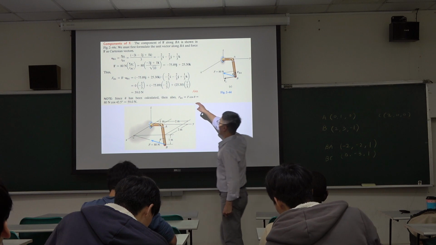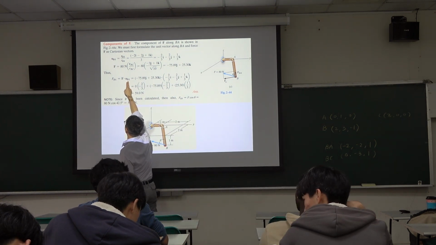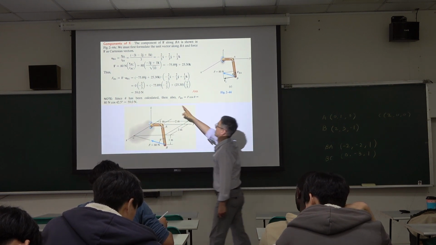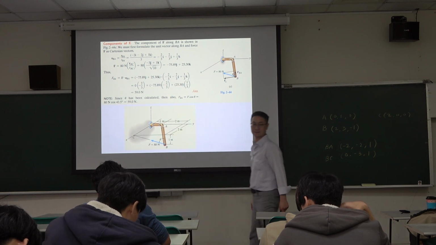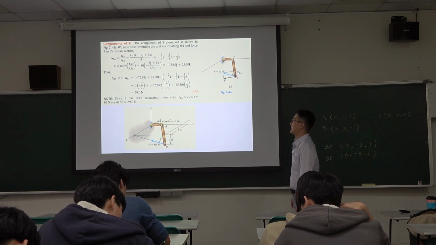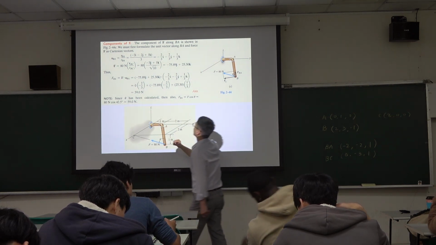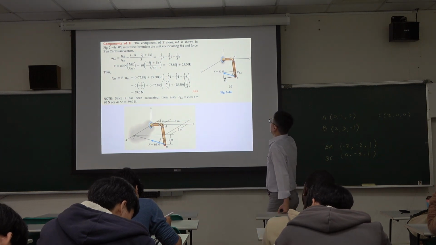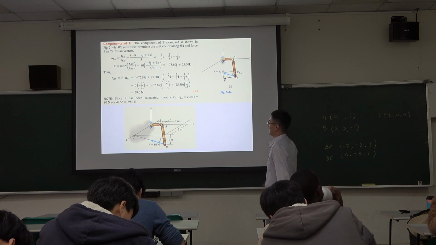So force F is projected to the BA direction, which can be worked out here, and its value is 59 Newton. F dot unit vector is 59. Yes.